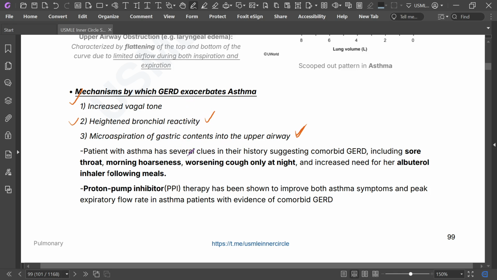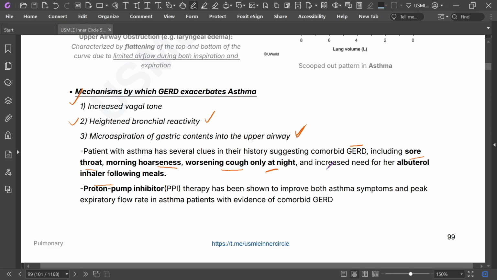A patient with asthma has several clues in the history suggesting comorbid GERD: sore throat, morning hoarseness, worsening cough only at night, and an increased need for the albuterol inhaler following meals.